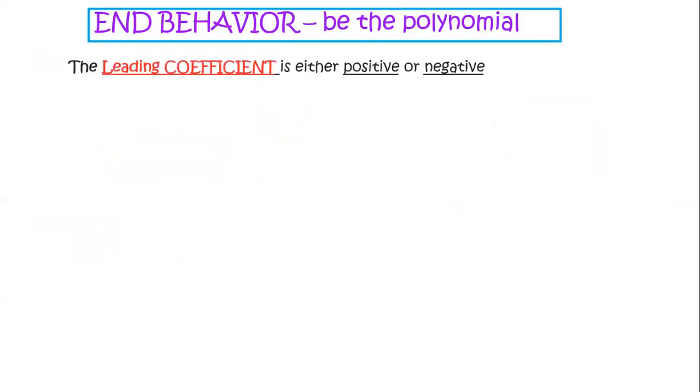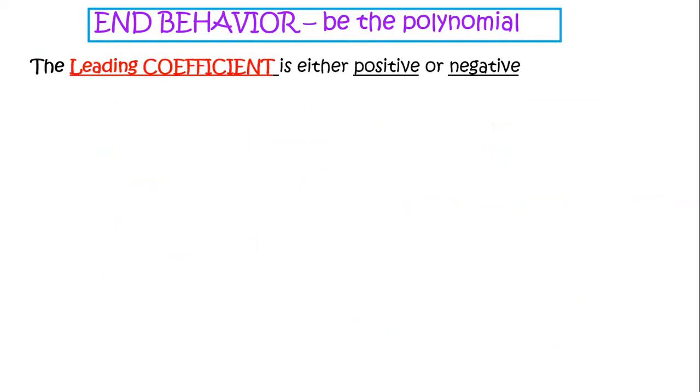So, end behavior. How do we find the end behavior? Well, to find the end behavior, the first thing we do is identify the leading coefficient. Okay, so step 1 is to identify your leading coefficient. The reason why we identify our leading coefficient is because we need to know if it's positive or negative.